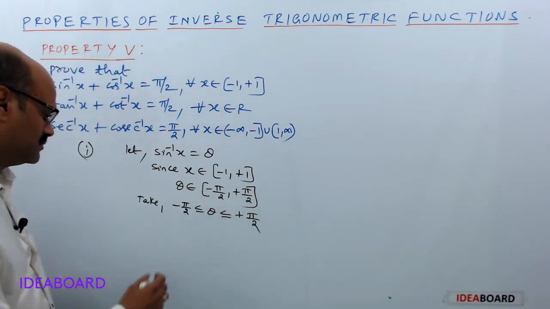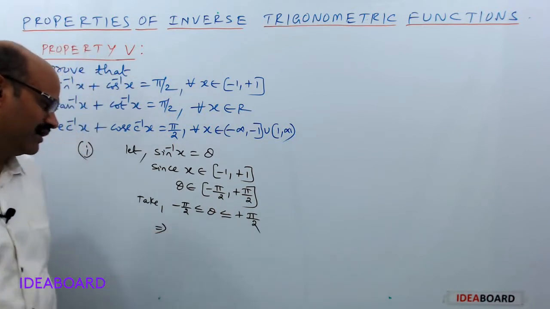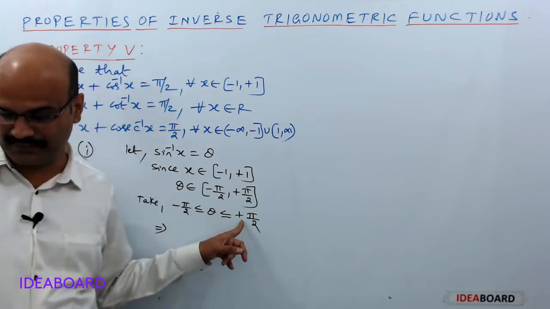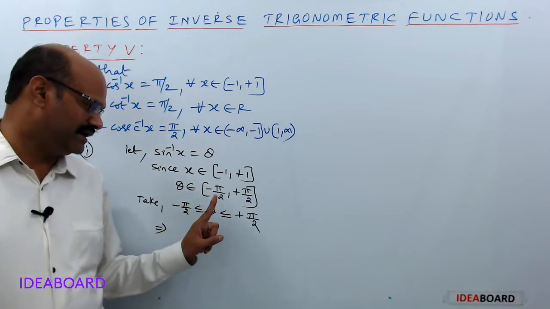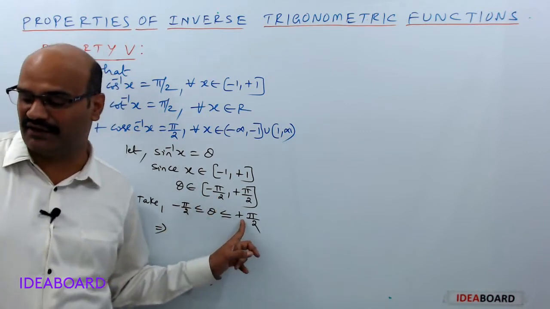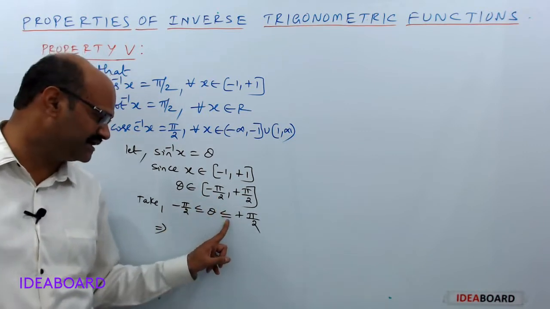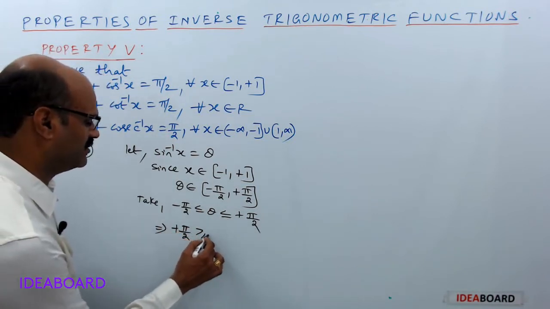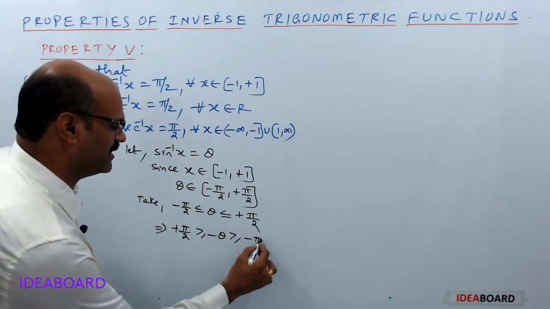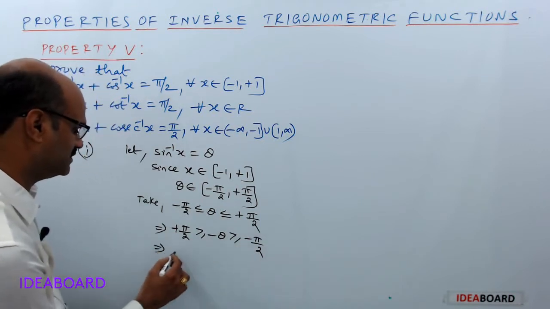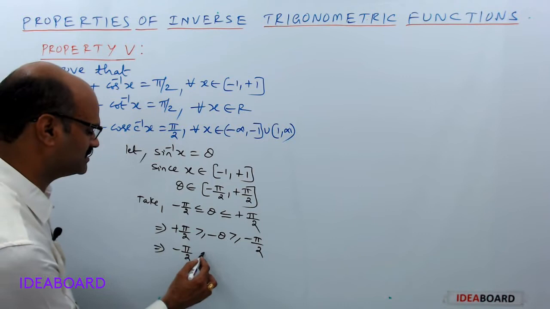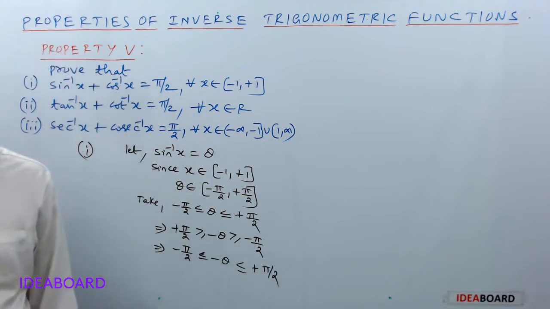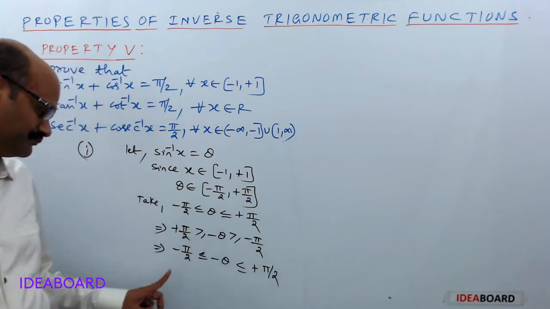Now, first multiply by a minus. When you multiply by any negative number to the given inequality, the inequality sign changes. So, plus pi by 2 greater than or equal to minus theta greater than or equal to minus pi by 2. It implies minus pi by 2 less than or equal to minus theta less than or equal to plus pi by 2.